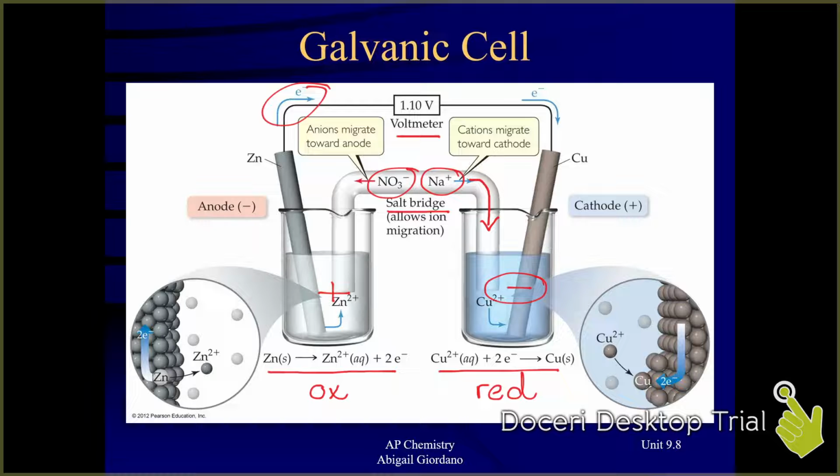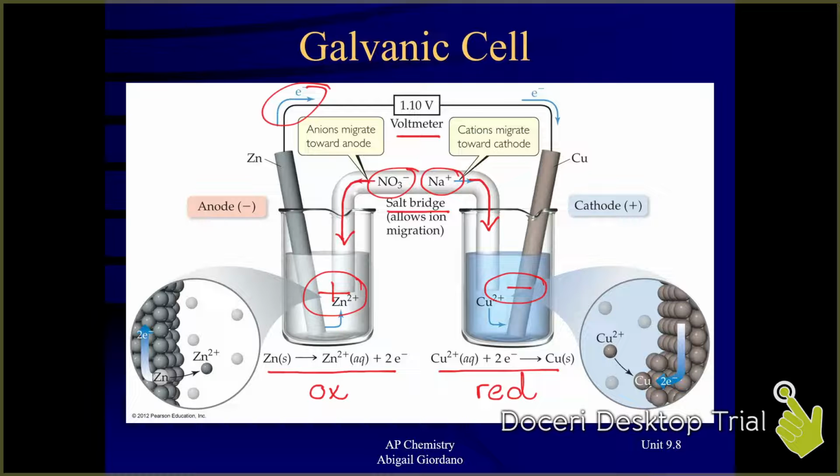And the same thing on the left, just vice versa. If we're having a big buildup of positive charge, how can we combat that? We could take a spectator ion like nitrate, which is negative, and have it flow into that zinc half cell. That would sort of negate or cancel out that big buildup of positive charge.